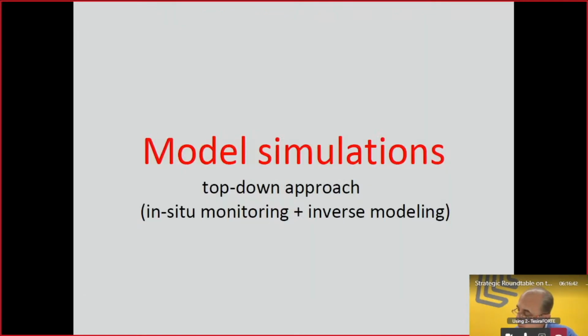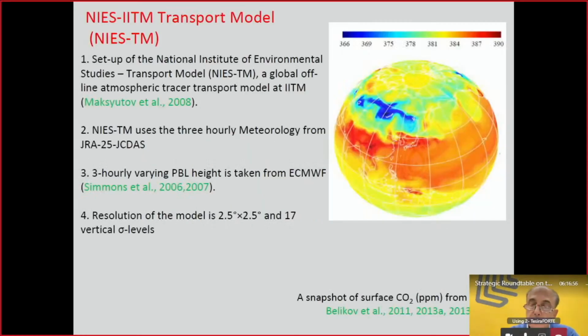Next. So we have a model simulation activity also. It has recently started, just the last 5-6 years. Basically it's a top-down approach, meaning in situ monitoring plus inverse modeling. Next. We have collaborated with NIES Japan, and we have developed the NIES-TM transport model.